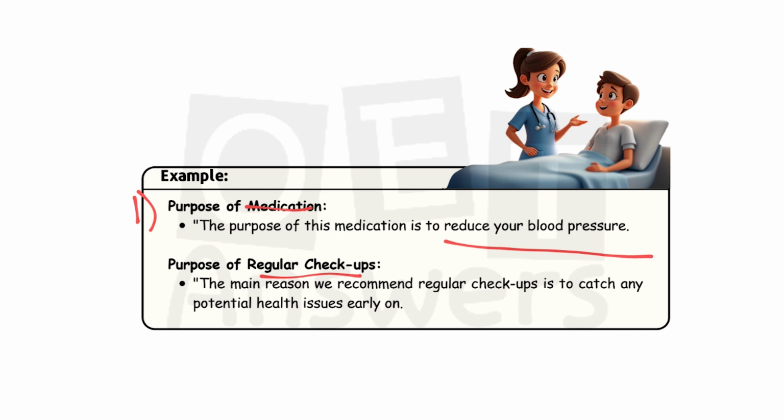If any future complications arise, they can prevent them by taking the correct follow-up or regular checkups. So here the main reason we recommend regular checkups is to catch any potential health issues early on. Early on means if something arises early, they can find it through the health checkups. This is the general example of purpose-based questions.